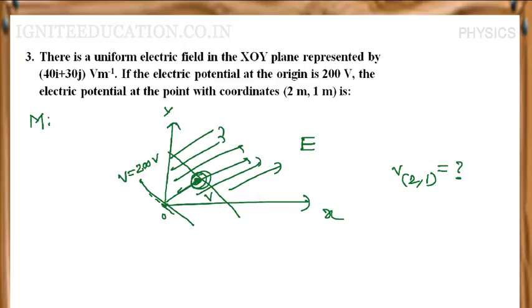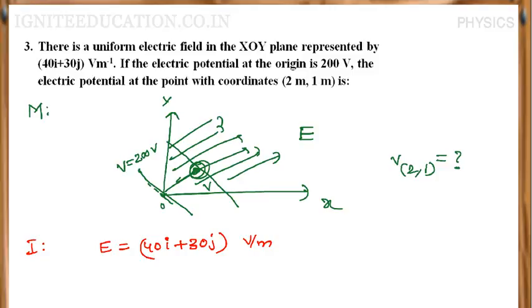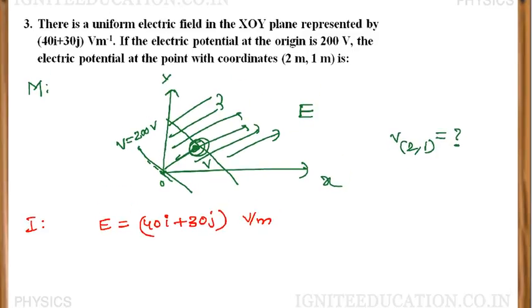Now I'll investigate the things that I've been given. The electric field E is equal to 40 i cap plus 30 j cap volt per meter, which is the parallel field, and the potential at origin V00 is equal to 200 volts.